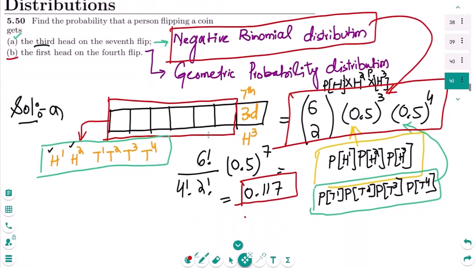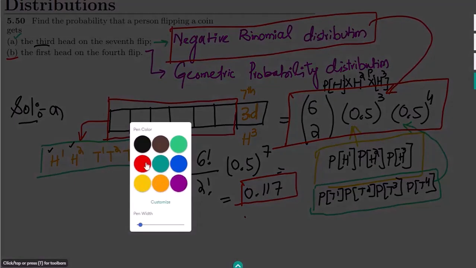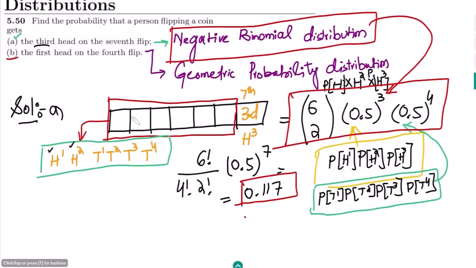Here, the first head on the fourth flip means we will have 4 slots, and in these 4 slots we get the first head, while all the others will be tails, T1, T2, T3. These are basically the failures until we get the head, which is the success.